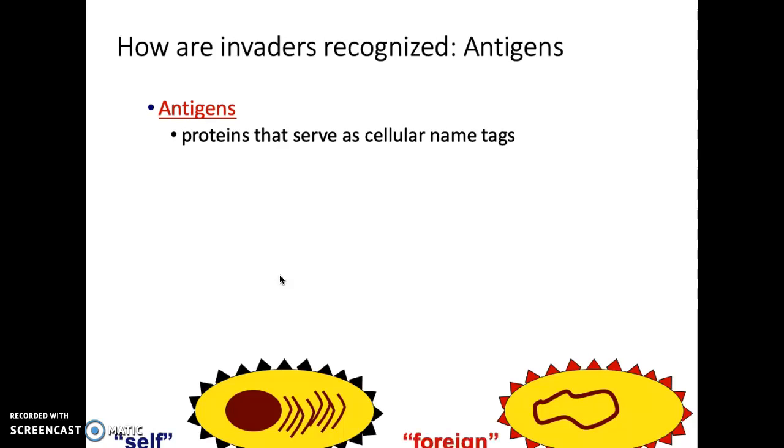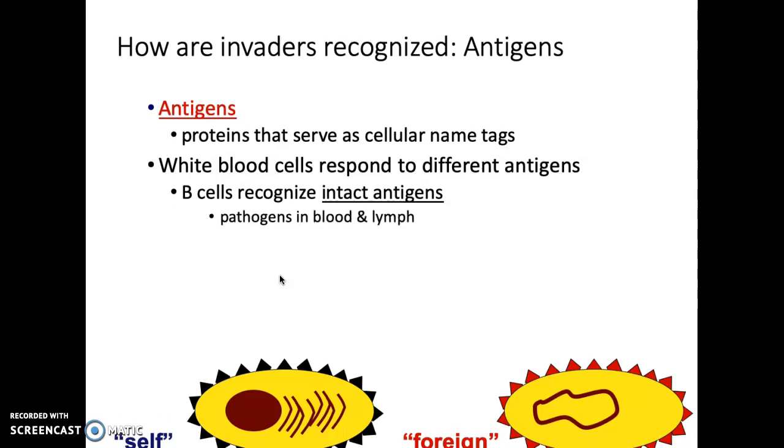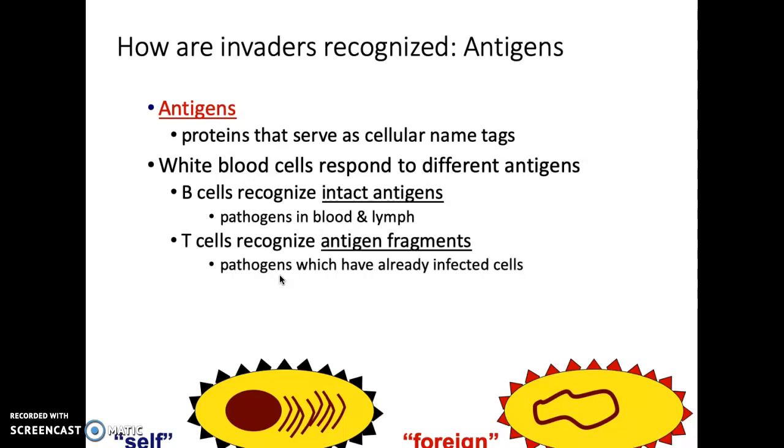But what's good about them is that they help our bodies recognize antigens that aren't itself, that are foreign. There are different white blood cells in our body that respond differently to those foreign antigens. The B cells recognize antigens that are whole and intact. We'll show you what that looks like. And then T cells recognize fragments of those antigens, and we'll go through that pathway as well. So within the third line of defense, we're going to start with the B cell strategy of defense and then work our way to the T cells.